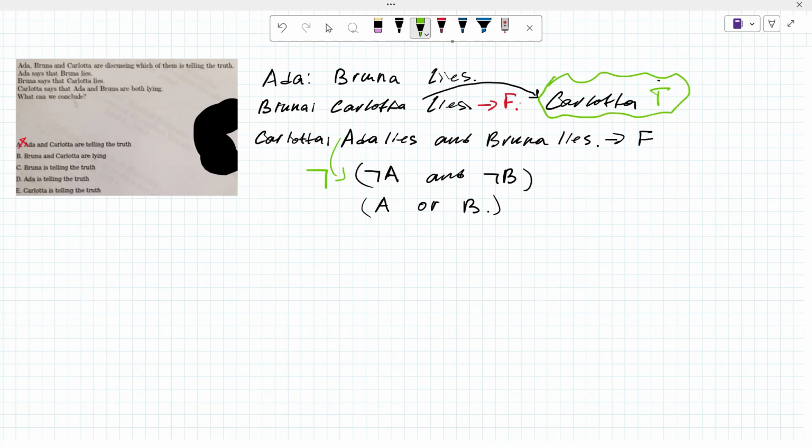But here we have that Carlota is lying. You see, there is an inconsistency. Bruna's statement says that Carlota is telling the truth, and Carlota actually is lying, because we need to assume that Carlota is lying. So there is another inconsistency, and B is also wrong.